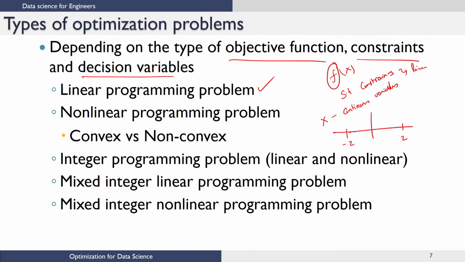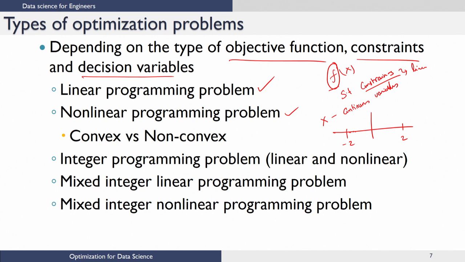Now, if the variables remain continuous, however, if either the objective function or the constraints are nonlinear functions, then we have what is called a nonlinear programming problem. So, a programming problem becomes nonlinear if either the objective or the constraints become nonlinear.